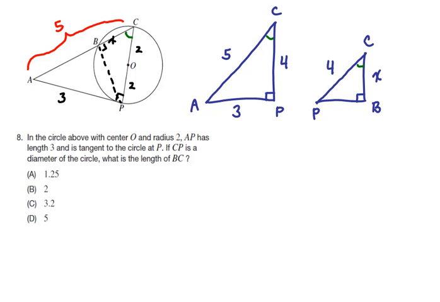At this point, we can set up a proportion, and there are different ways of doing that. 5 is to 4: the hypotenuse of the larger to the hypotenuse of the smaller is 5 over 4. And the height of the larger to the height of the smaller is 4 over x. When we cross multiply, we get 5x equals 16, so x equals 16/5. If you were to plug that into your calculator, you would get 3.2. And so the answer is C there.